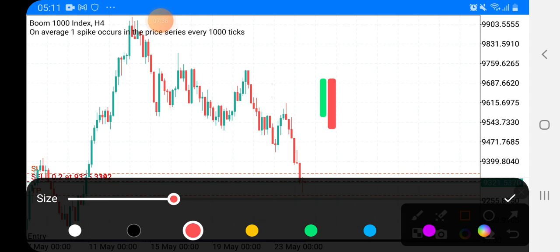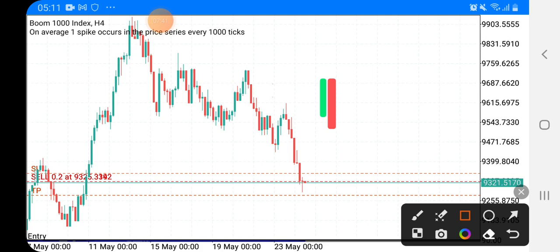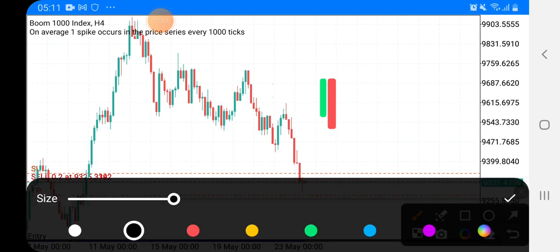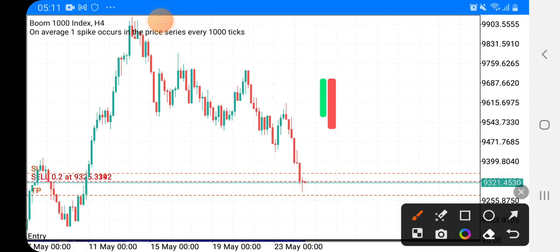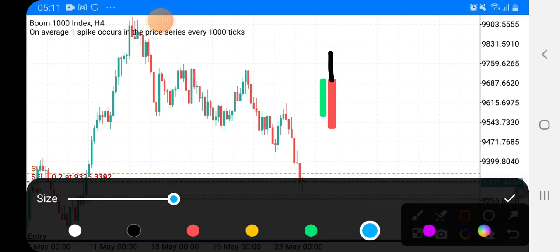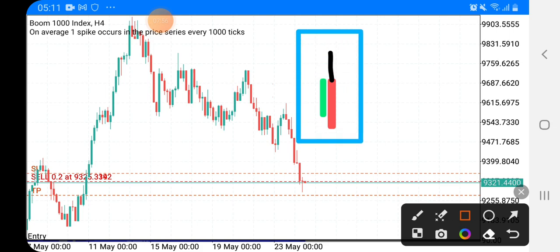So this is bearish engulfing. And the best one for me is when you see this bearish engulfing and you also see a wick on that bearish candle. Okay, you can see how it looks.